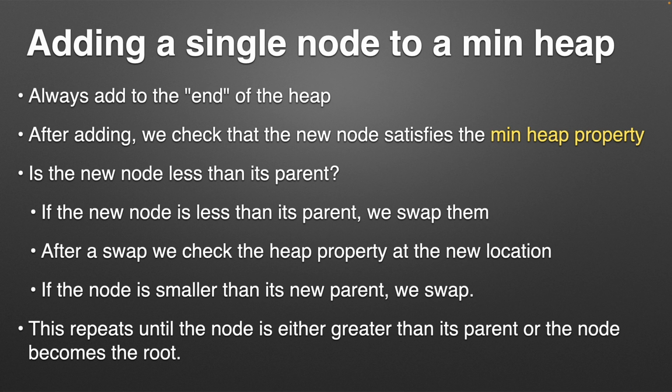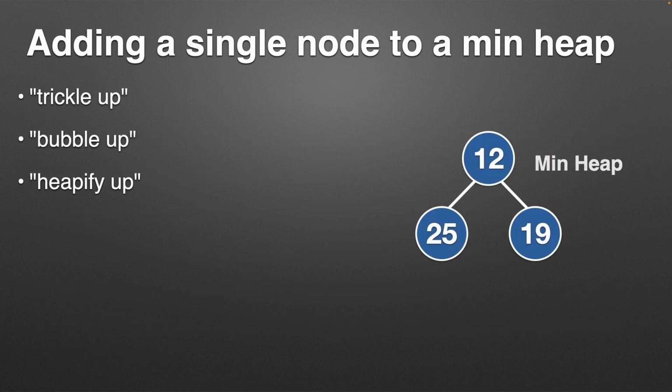And so this is the basic principle for adding something. There are many names for this idea. You will hear trickle up, bubble up, heapify up. All of them just mean we are starting at the bottom where we added something, and we're going to work our way up as far as we need to maintain the heap property.